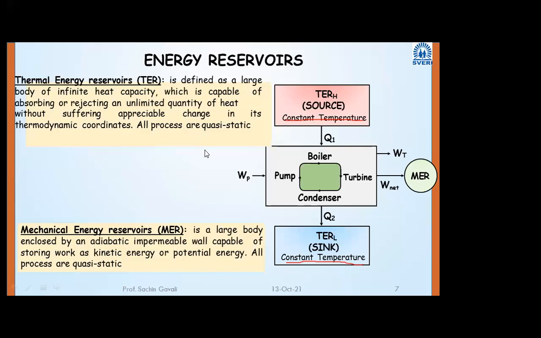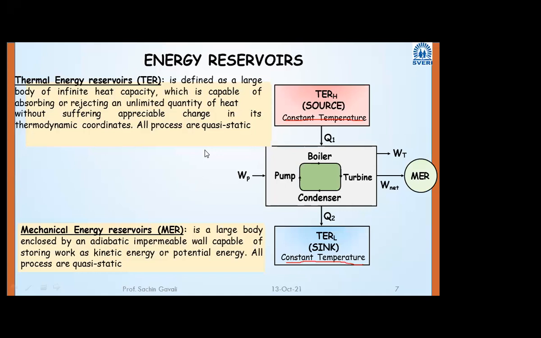Thermal energy reservoirs are those bodies or systems to which, if an abundant amount of heat is supplied, or from which an abundant amount of heat is rejected, their temperature remains constant.